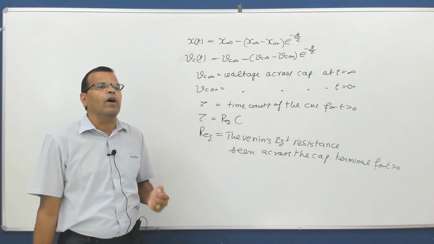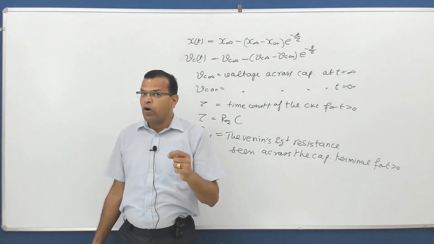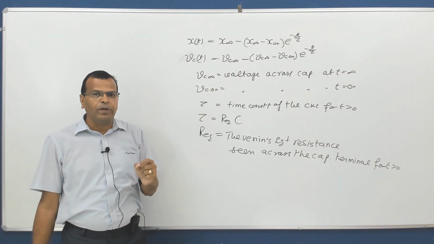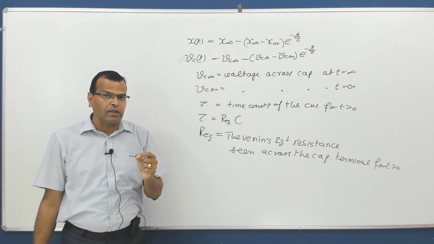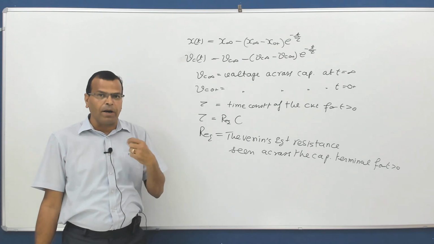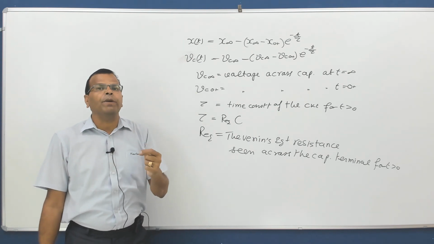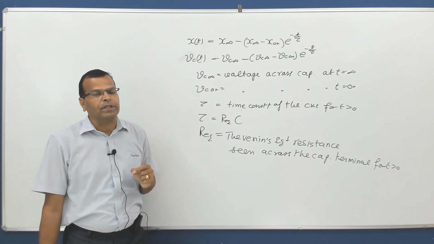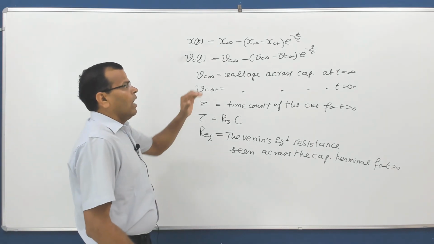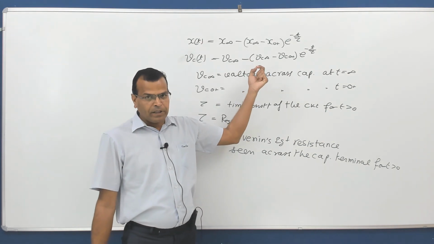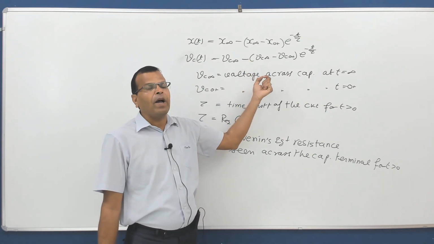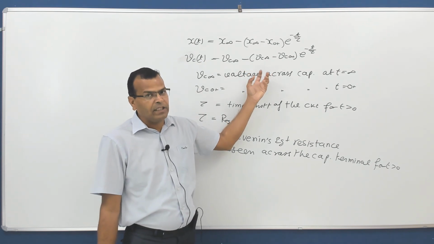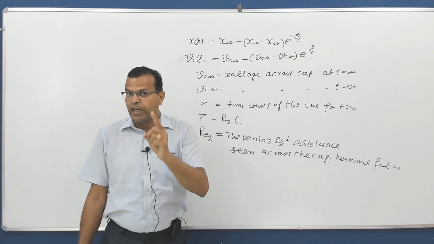Remember one thing: for this expression, there should be a single capacitor in the circuit, or a number of capacitors replaceable by a single equivalent capacitor, and a number of resistances, a DC source and a switch.